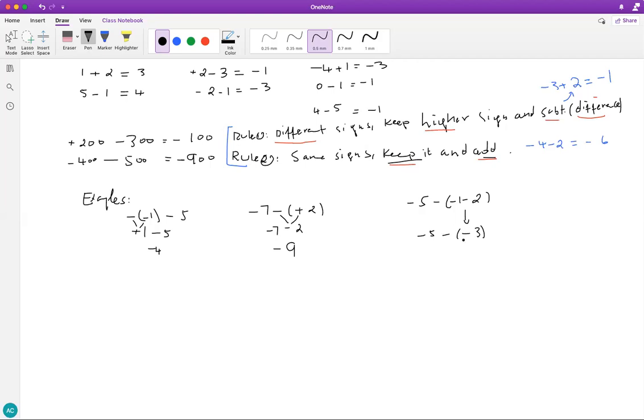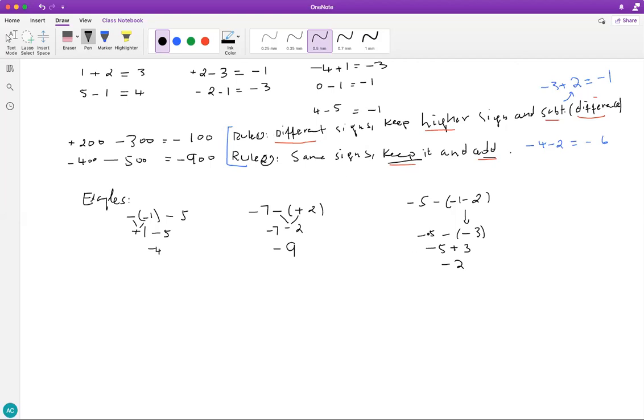Okay, so what do we do with it? It would be +3. First, you want to turn these two double negatives. The opposite of -3 is +3. Bring the -5 down. And finally, this will be -2. That's right, using this rule number 1.